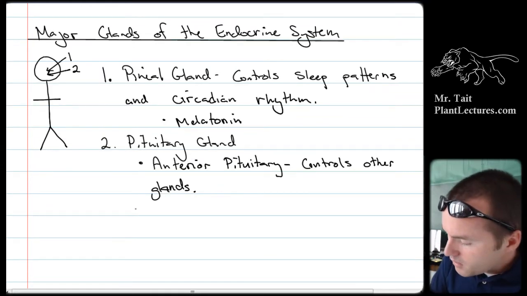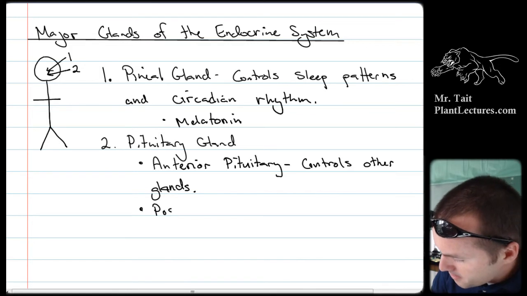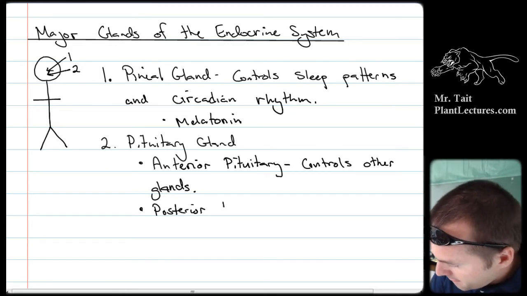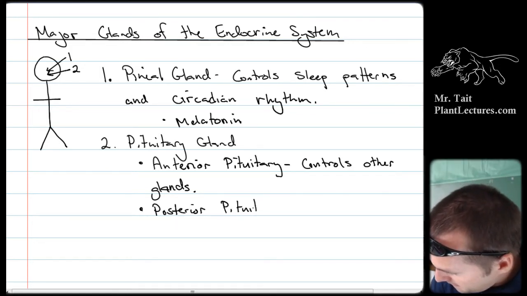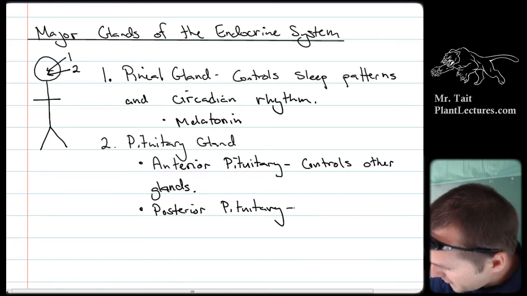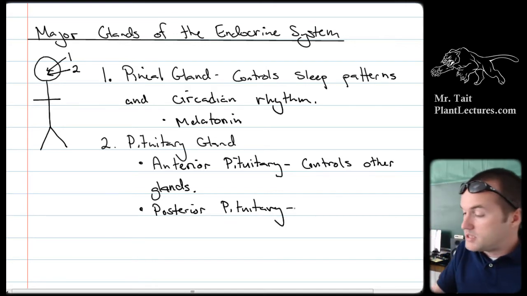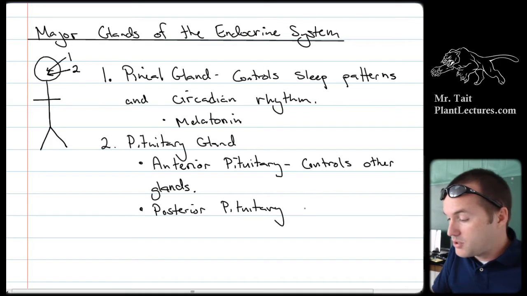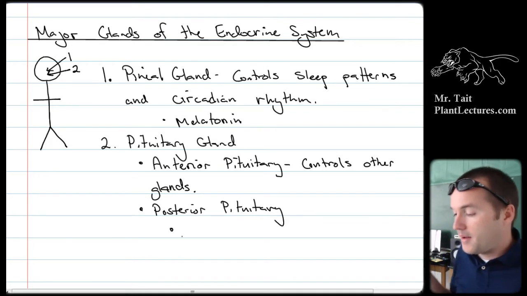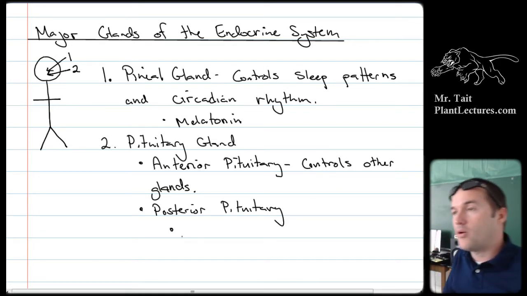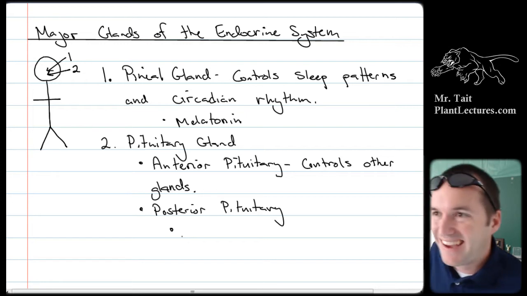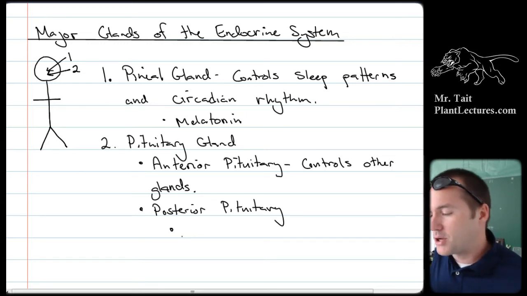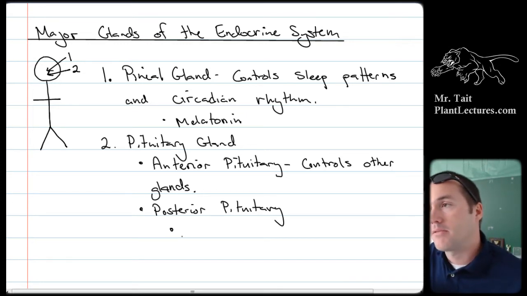Okay? Posterior pituitary gland is going to do two main things. Number one, it's going to secrete a hormone that is called anti-diuretic hormone. And like I said, we're really just going over the main hormones that are being released by these things.